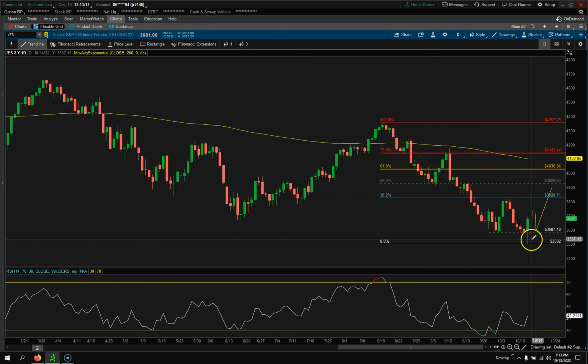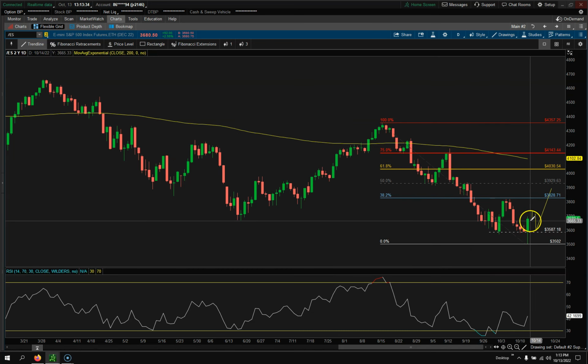We're now making higher highs and higher lows. So hopefully that helps you identify how to spot reversals, how to trade them, and just use Fibonacci for your targets.